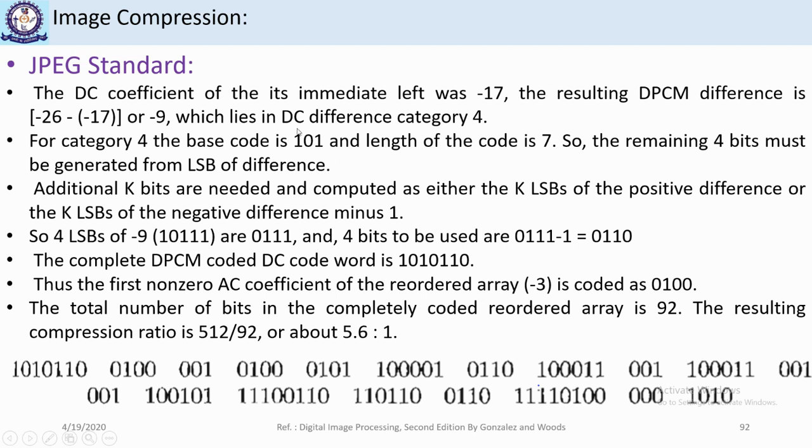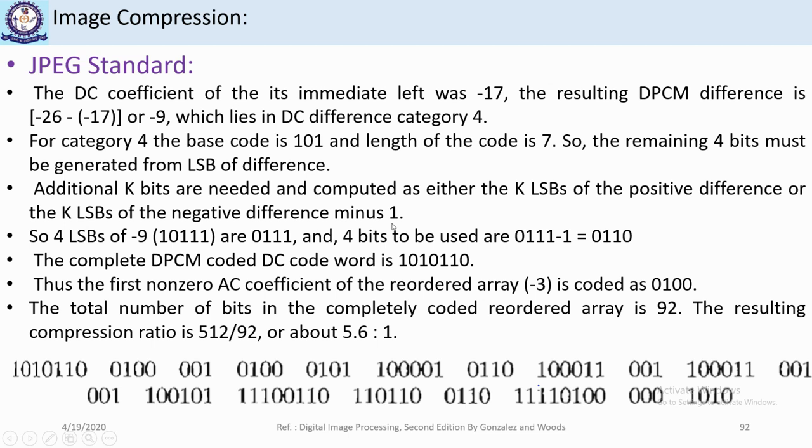So what we need to do? We need to find the remaining 4 bits of this code, because the base code is 101. 3 bits we know, but we need to represent it using 7 bits, so we need to find the remaining 4 bits. How do we find them? Additional k bits are needed to compute either the k LSBs of the positive difference or the k LSBs of the negative difference minus 1.